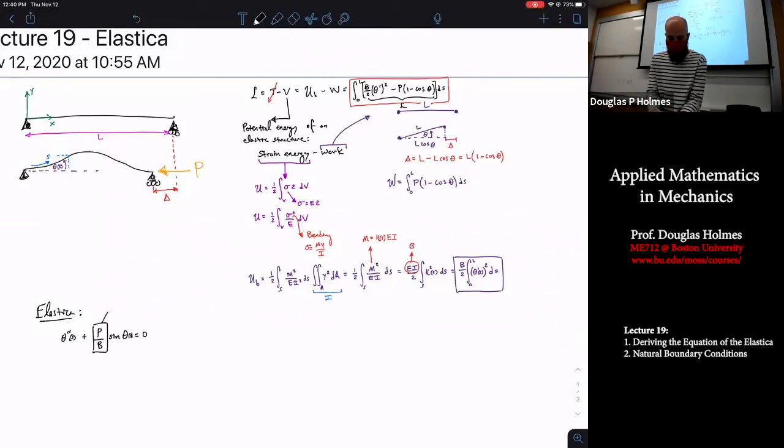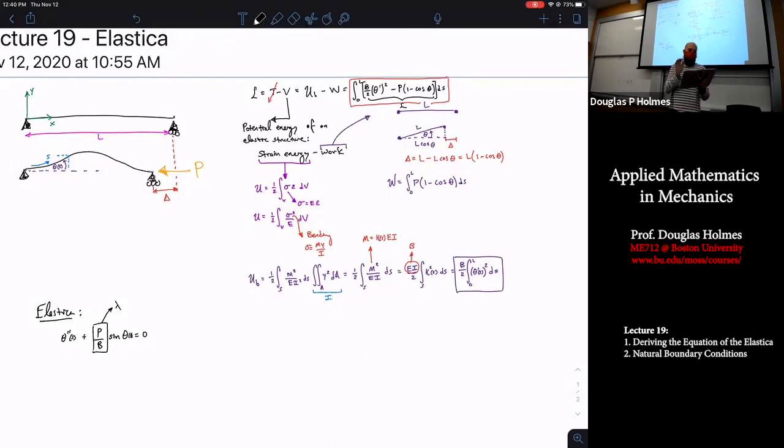Oftentimes you'll see this thing defined as lambda in the literature. Kind of remarkable that this exact same equation is the equation that describes the oscillation of a pendulum, which is an initial value problem. But in the case where you return it from an initial value problem to a boundary value problem, the exact same equation describes the shape of an elastic curve.